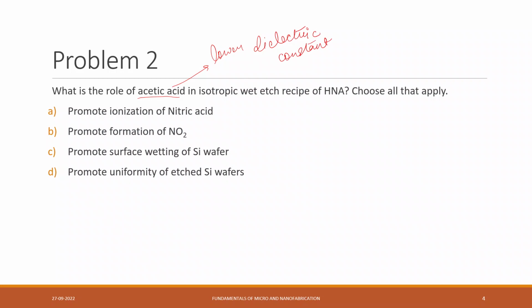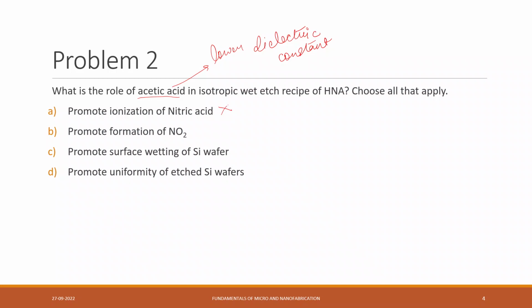But in this process, we don't want the ionization, meaning HNO3 breaking down into H plus and nitrate, so that is avoided here because the ionization and the formation of NO2 are competing reactions. So essentially we want this step to be avoided, and option B, promoting the formation of NO2, to be enhanced.